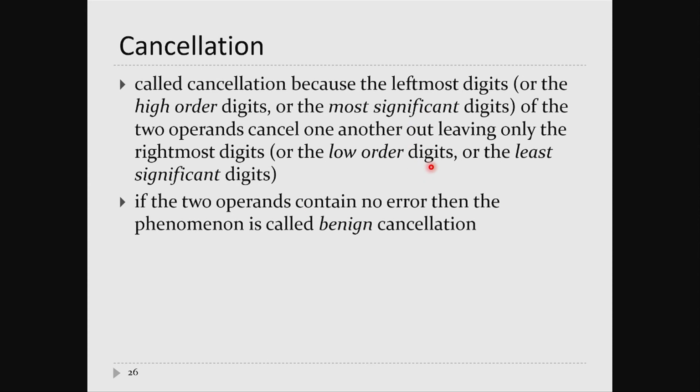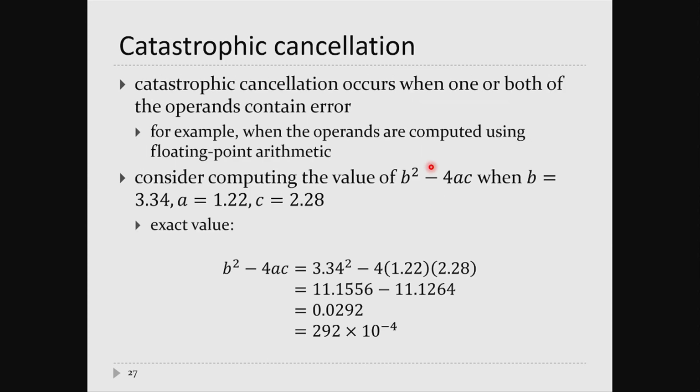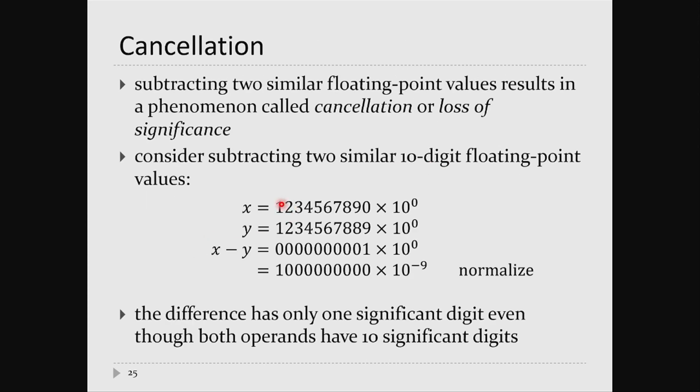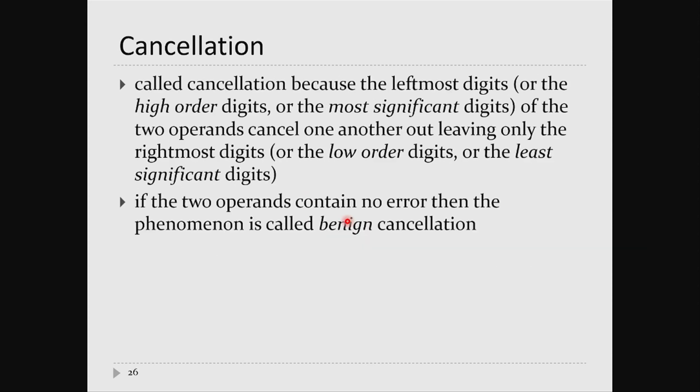Now, why do we call it cancellation? Because the leftmost digits got canceled. When you do the difference, all these digits on the left-hand side go away. They cancel with one another. Those leftmost digits are called the high-order digits or the most significant digits.